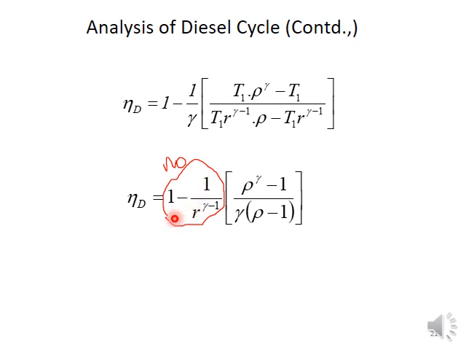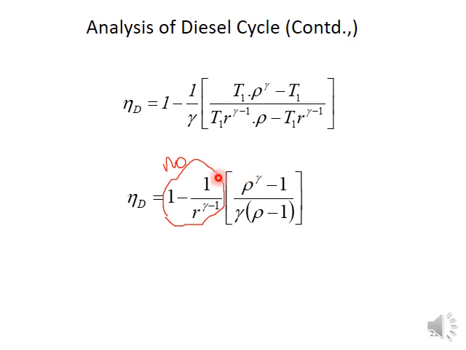In this expression, if you take the gamma value as 1.4, then the air standard cycle efficiency depends upon the values of compression ratio and cutoff ratio. As the compression ratio increases, there will be an increase in the efficiency of the diesel cycle, and if the cutoff ratio increases, there is a decrease in the efficiency.